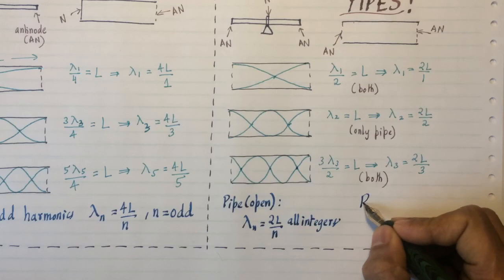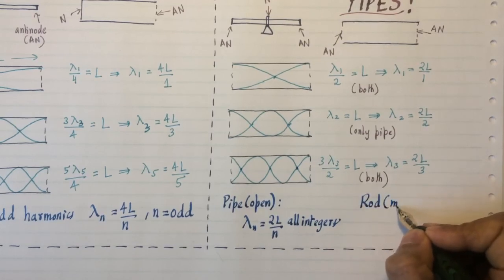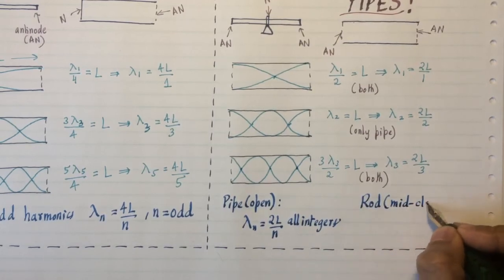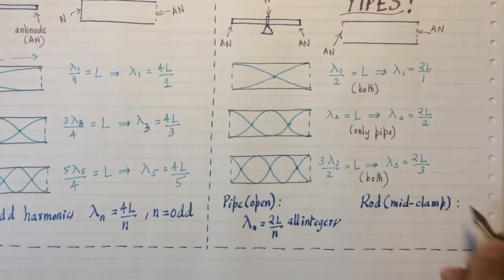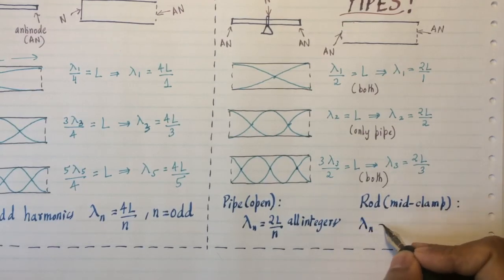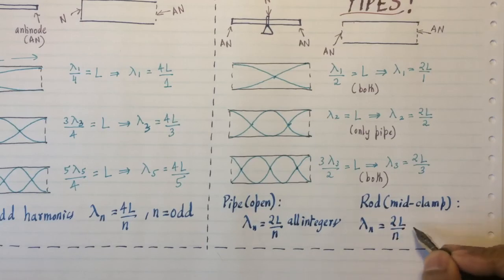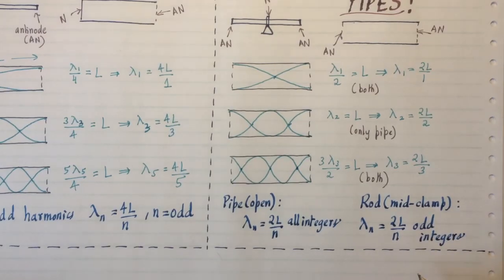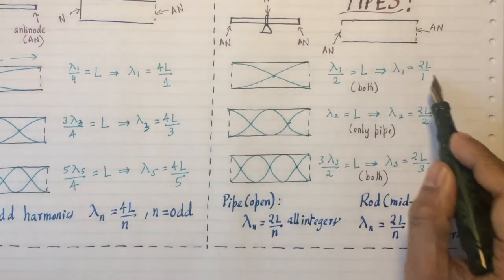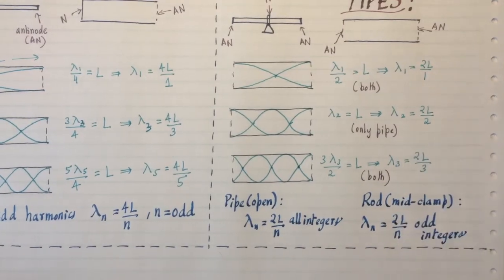And for the rod that's clamped in the middle, you're only going to get lambda n equals 2L over n for the odd integers. Odd integers are integers like 1, 3, 5, 7 and so on. So 1 is allowed, 3 is allowed, but 2 is not allowed.